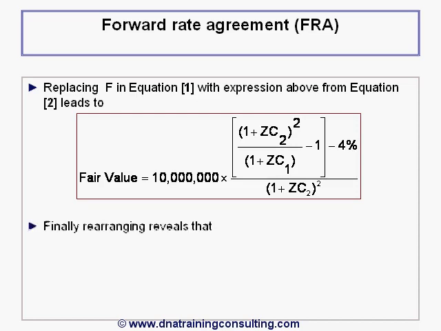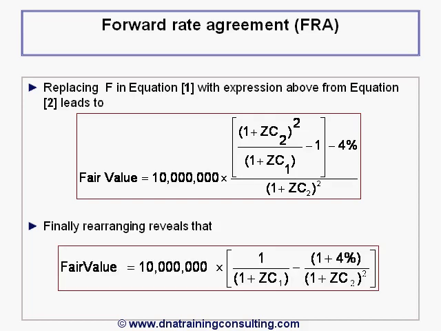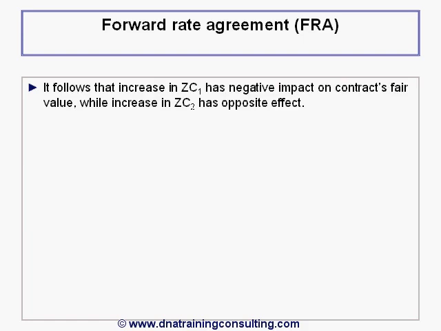And finally, rearranging the terms reveals that the fair value equals this quantity here. It follows that an increase in ZC1 has a negative impact on the contract's fair value, while an increase in ZC2 has the opposite effect.